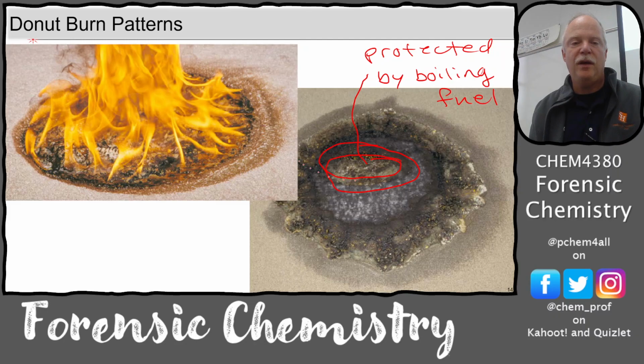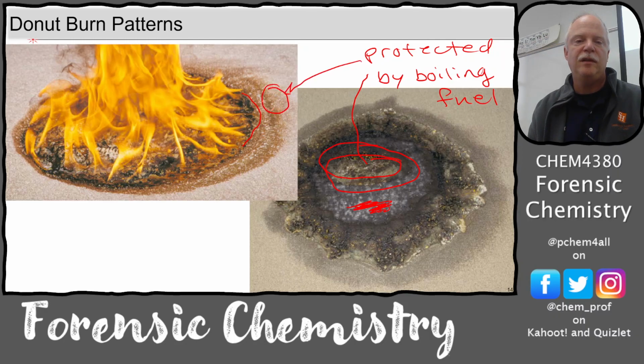So the carpet here, this thermolysis front, is decomposing, and it's the decomposition products of those polymer fibers that are actually burning, and the heat is decomposing more carpet, and it'll go down to the base floor material, whatever that is. If it's wood, it'll start to char the wood. And then this front area, this is again protected by the boiling point of the fuel.